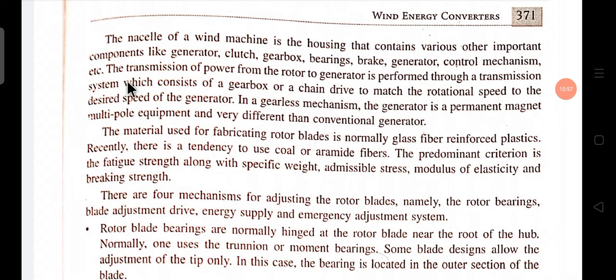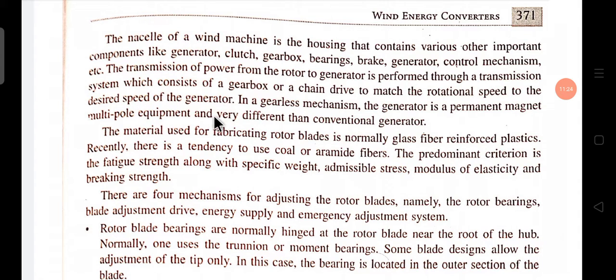Then the transmission of power from the rotor to the generator is performed through a transmission system, which consists of a gearbox or a chain drive to match the rotation speed to the desired speed of the generator.